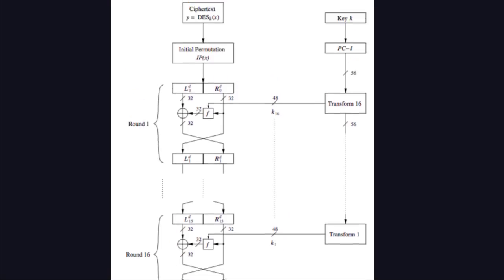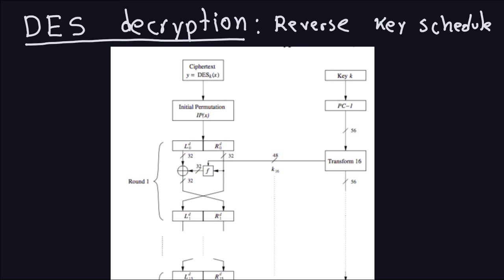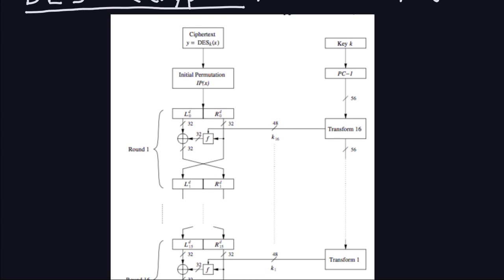Now, the process of decryption is this one right here. What you're going to do is the following. This part that I have here on the right is the key schedule, but the key schedule in reverse. You start with the key, which in our case is a 64-bit key. You feed it into PC1, which is a permutation, and it gives you 56 bits here.